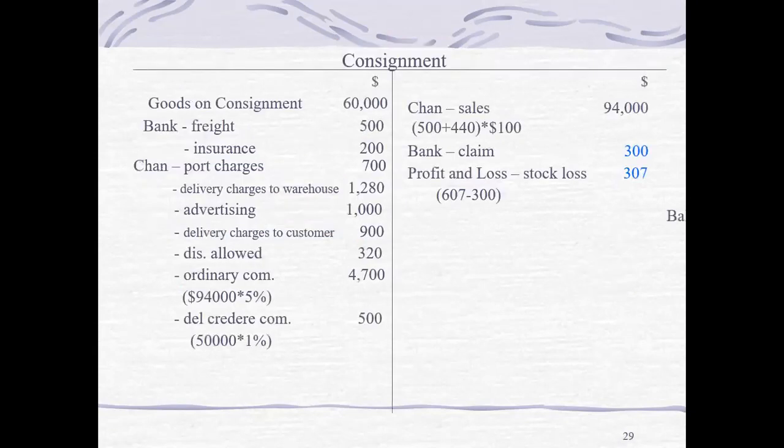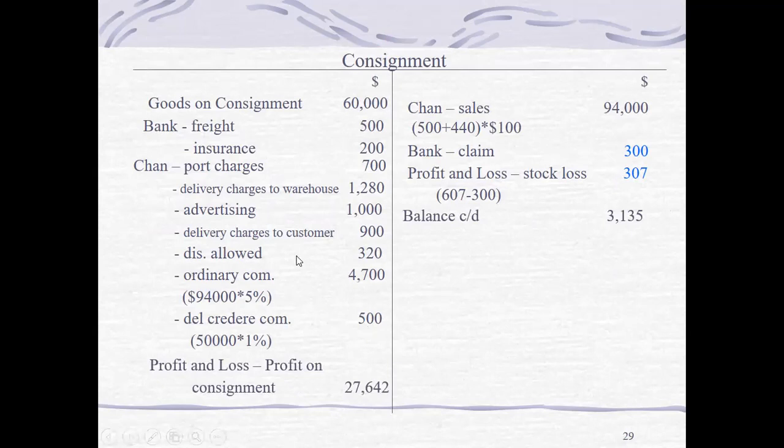Then to continue with our illustration, we can compute overall that the profit or loss for this particular consignment contract is 27,642, which is the balancing figure. But basically, if we are going to analyze, we can form this into a so-called profit or loss or income statement format, in which that is the difference between sales minus the cost of consignment sales.